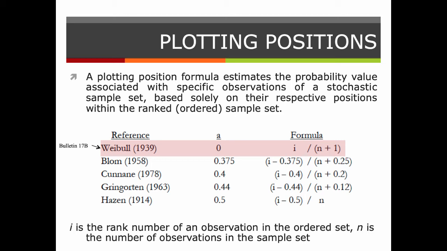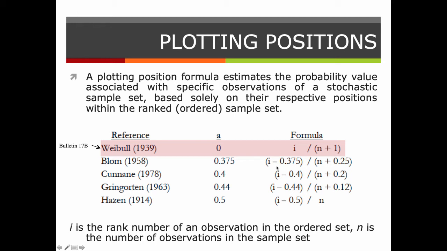So in this case, i is the rank of an observation and n is the number of observations. There's one not shown here, which would simply be i divided by n, which would be the relative frequency. But the Weibull formula is common, and that's actually what appears in Bulletin 17B, which has since been superseded with Bulletin 17C. And the formula is the rank divided by n plus 1.